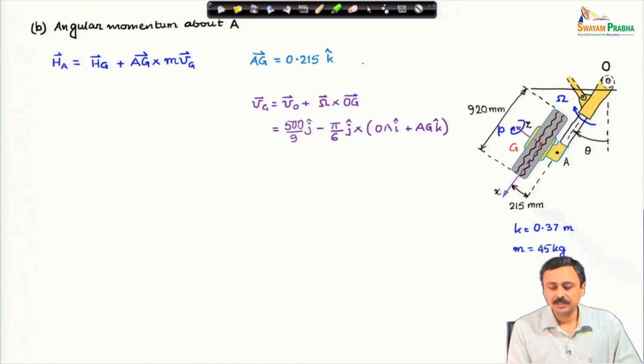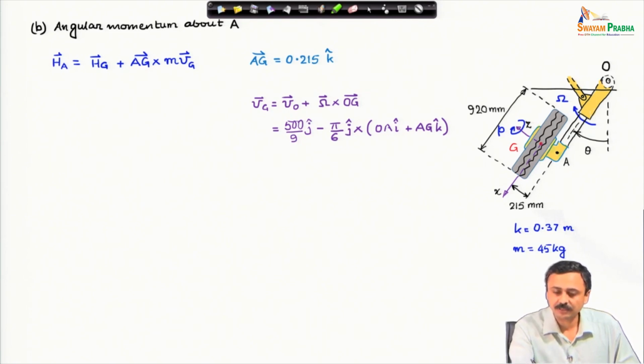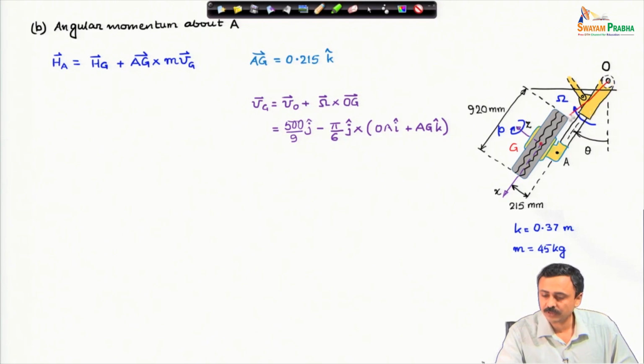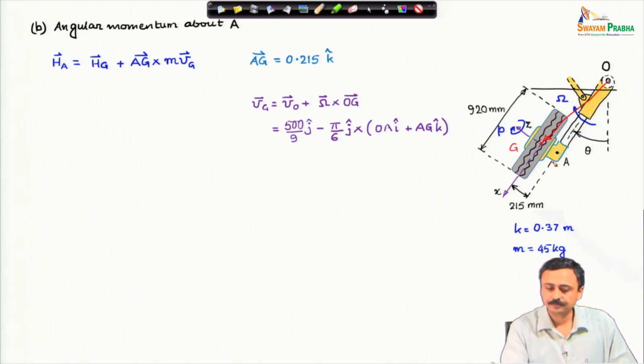Therefore, I represent these things as vectors. 500 by 9 meter per second is the velocity of the aircraft, j cap, because it is coming out, and omega vector is minus pi by 6 j cap cross O G vector, and O G vector is O A vector plus A G vector, of which the dimension O A is not specified.